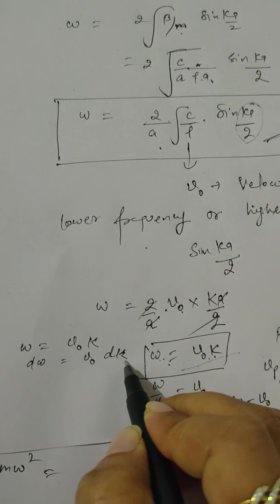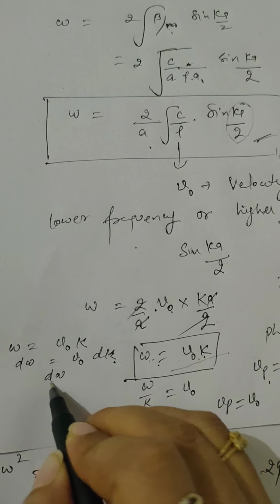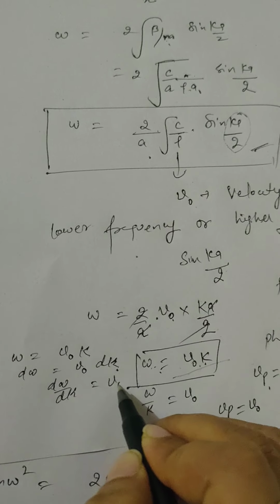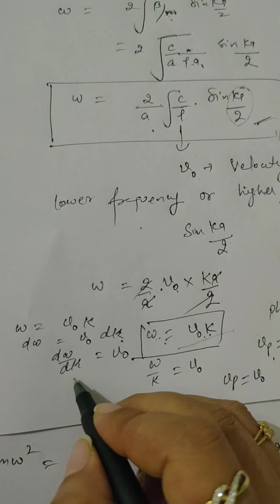Taking differentiation on both sides, d omega by dk is equal to v naught, where d omega by dk is the group velocity. So group velocity here is equal to v naught. So what we see here is that group velocity and phase velocity are equal for the lower value of frequency.